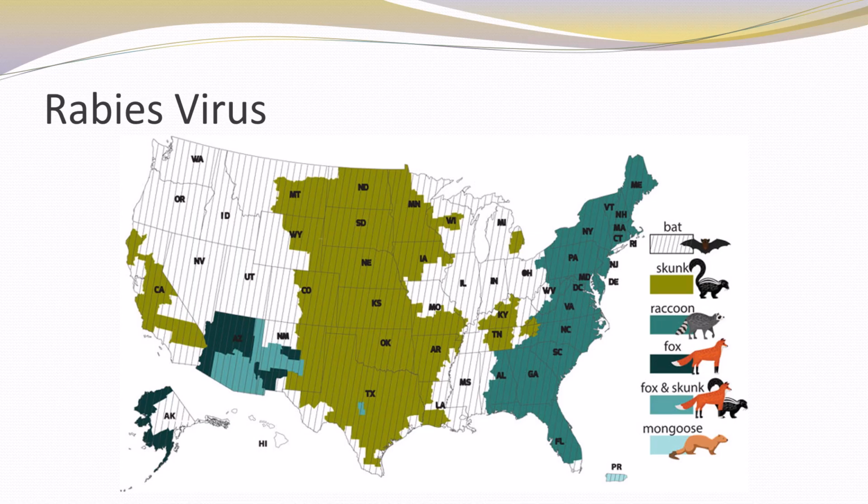However, if you're in Illinois, pretty much just bats is the big thing. We do have kind of a fun animal that maybe you didn't know we had in the US, and that is a mongoose. They do carry rabies and do have a tendency to be a bit of a concern down southwest. So just some stuff to be aware of, especially if you do a lot of traveling.